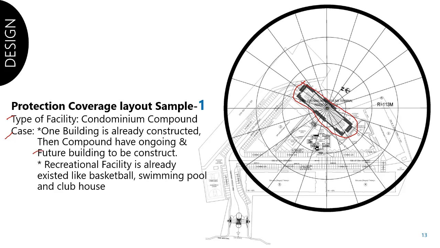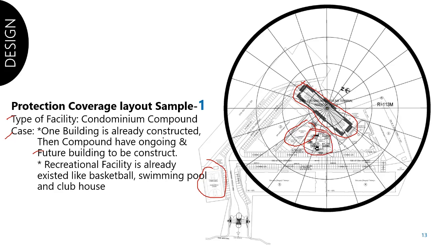There is a future building to be constructed here. Then the recreational facilities already exist, like the basketball court here, the swimming pool at this part, some other recreational facilities here, and the clubhouse or the admin building.